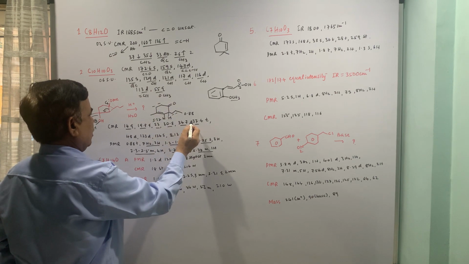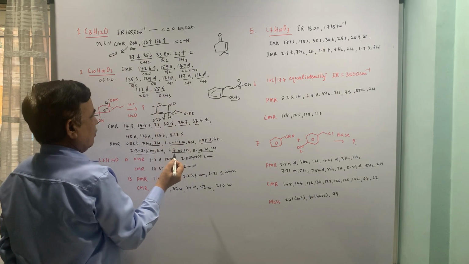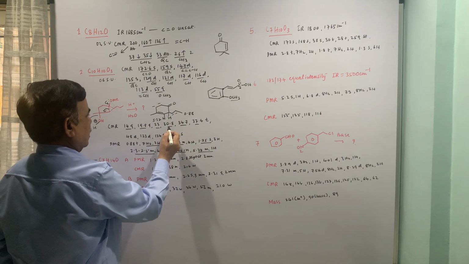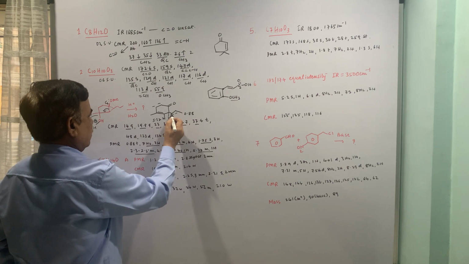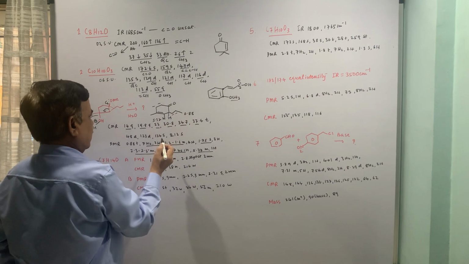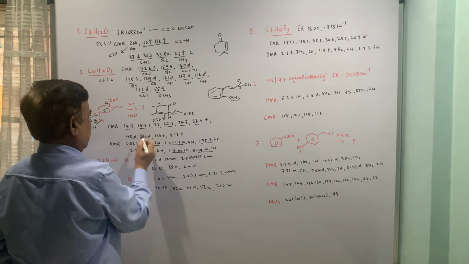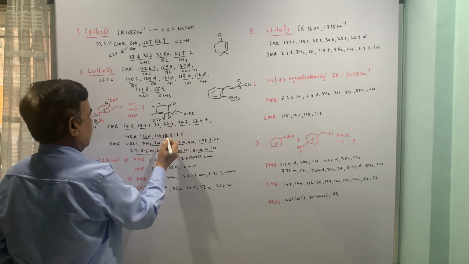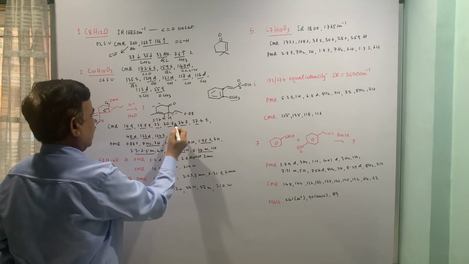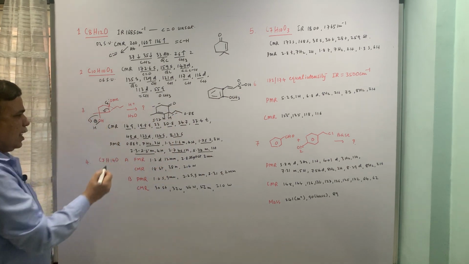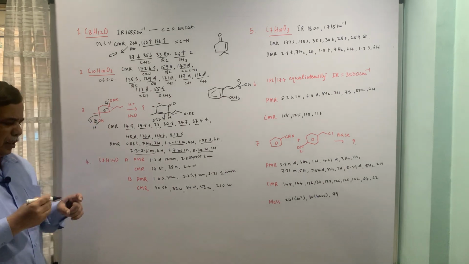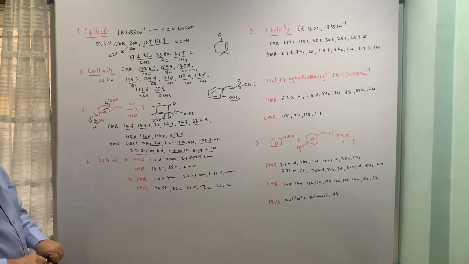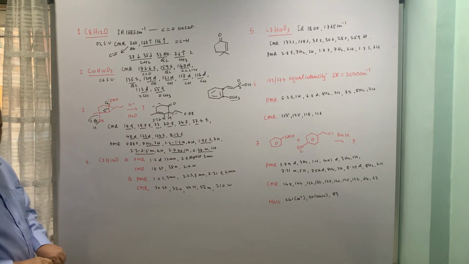The most deshielded would be the one next to the carbonyl, then 34 is this one, 30 is this one, and 23 is this one. 48 doublet is this CH, 123 doublet is this one, 134 singlet is this one, 213 is this carbonyl. So that is the reaction based question. You can always write down the product and explain the outcome of this reaction.